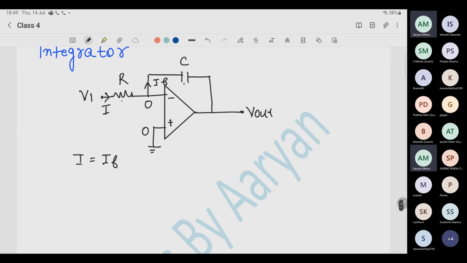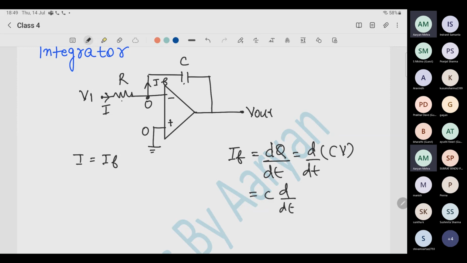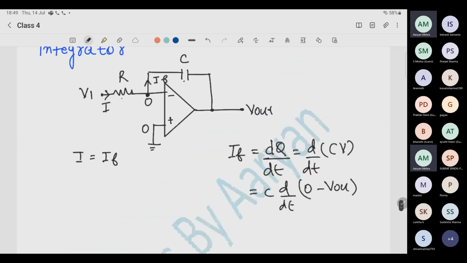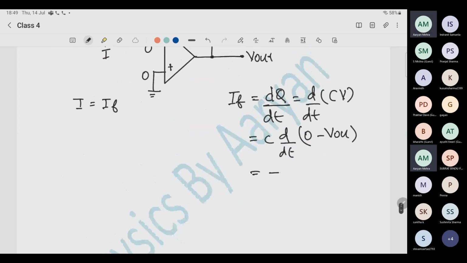Okay. So what is actually IF now? IF is dq by dt, d by dt of CV. V is the voltage applied across the capacitor. And what is that voltage? That is 0 minus V output. So it is minus C dV output by dt.